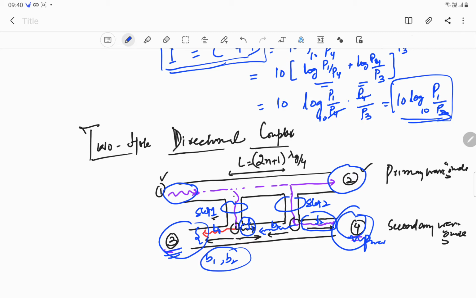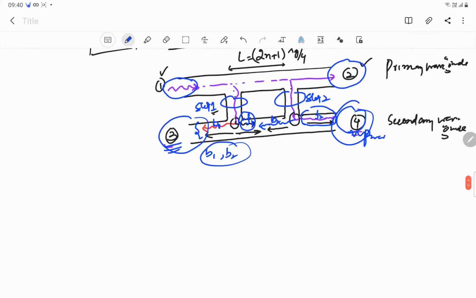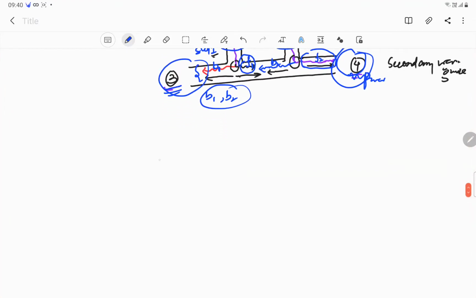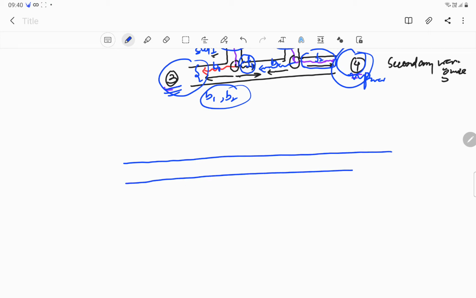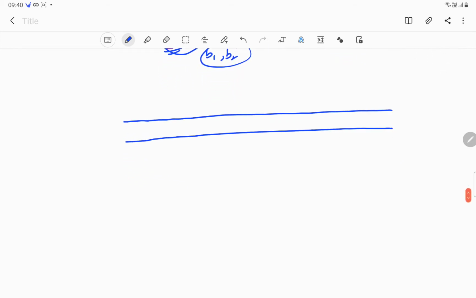Let me redraw it, so as to explain this cancellation of the waves. Let me draw it neatly this time. This being our primary waveguide, and this being the secondary waveguide.